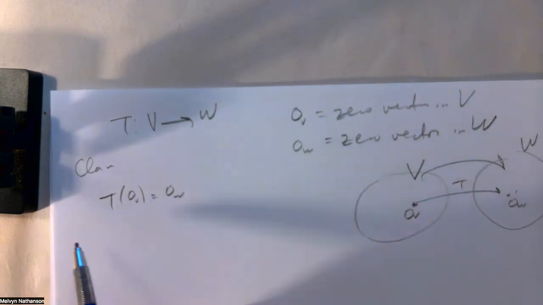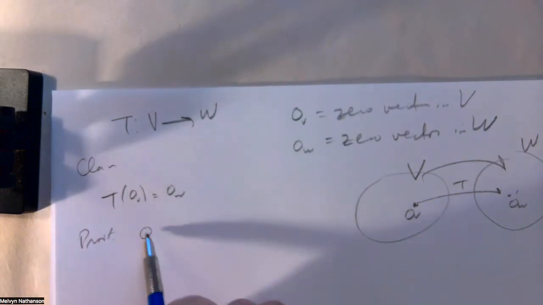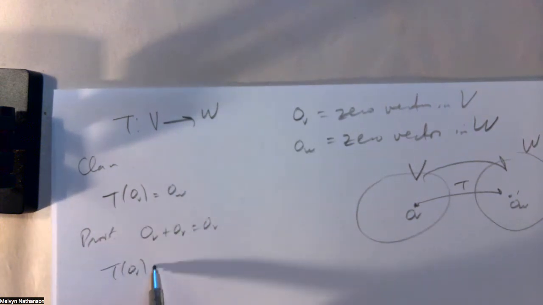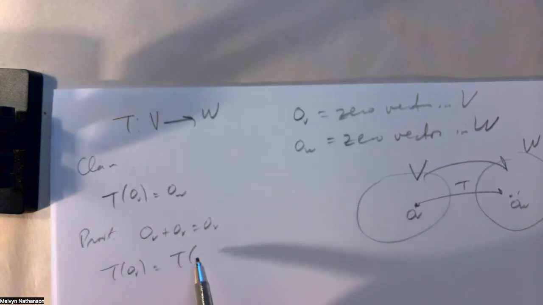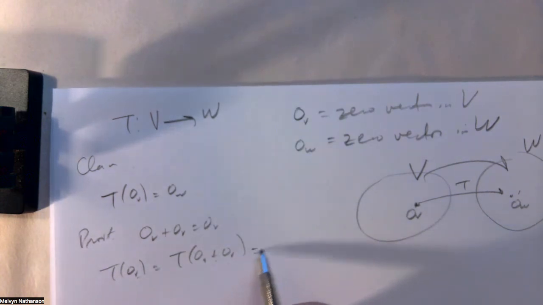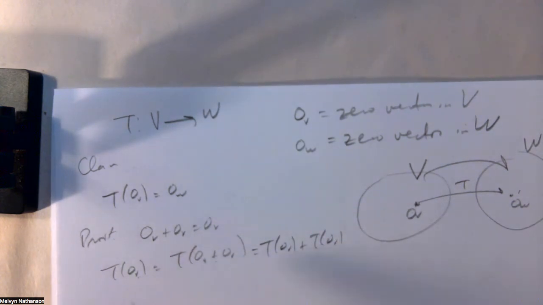And let's see, I can give a proof of this, which is a little sneaky, but it's okay. So one proof would say 0 plus 0 is 0. So T of the 0 vector is T of 0V plus 0V. And because this is a linear transformation, this is T of 0V plus T of 0V. This is a vector in W. In a vector space, every vector has an inverse.